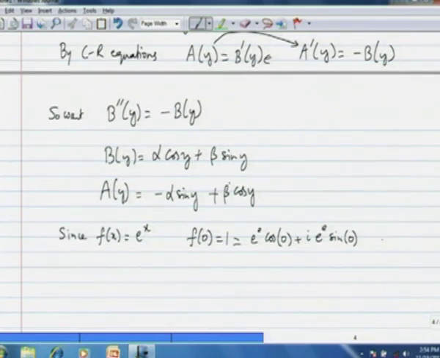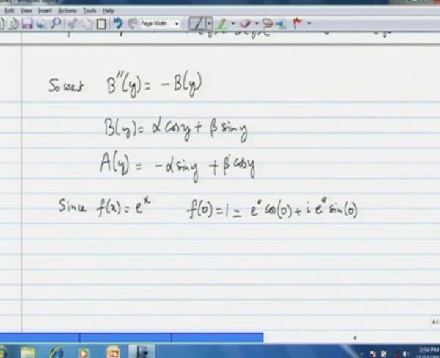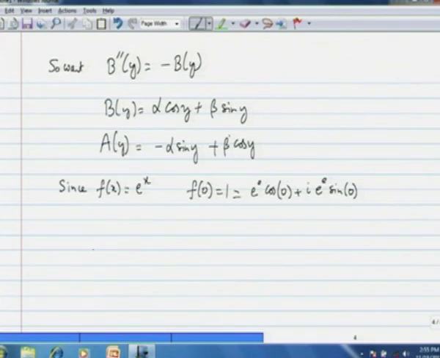That should give us 1. So, what I want to say is that we know a of 0 should be 1 and b of 0 should be 0.